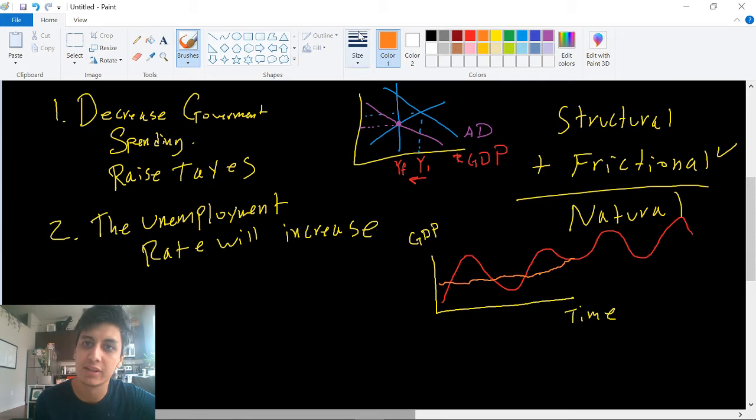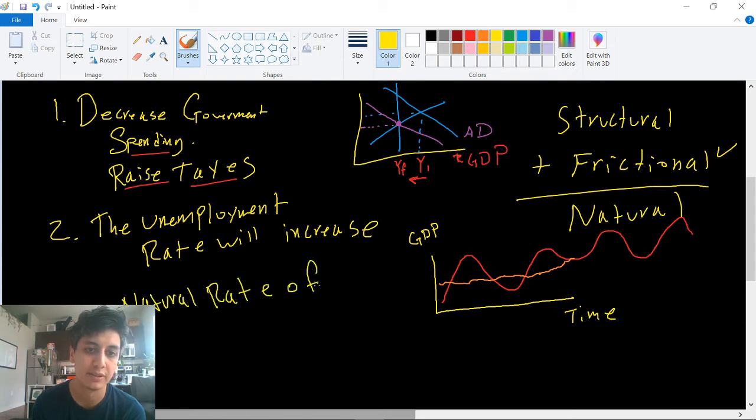And kind of the rule of thumb that I go by is that raising taxes and government spending is not enough to change our natural rate of unemployment. Therefore, for this answer, the natural rate of unemployment will not change.